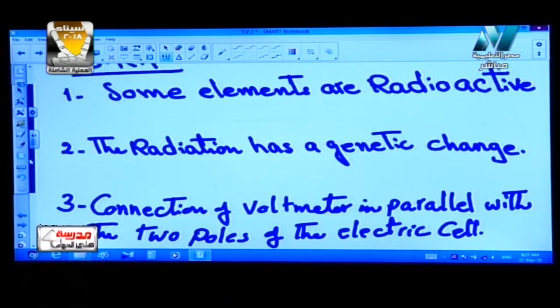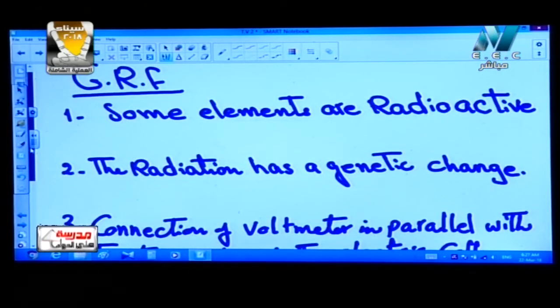So we will start with give reason number 1. Some elements are radioactive.